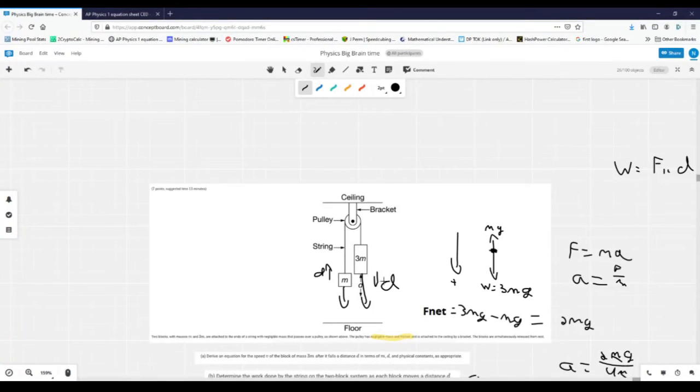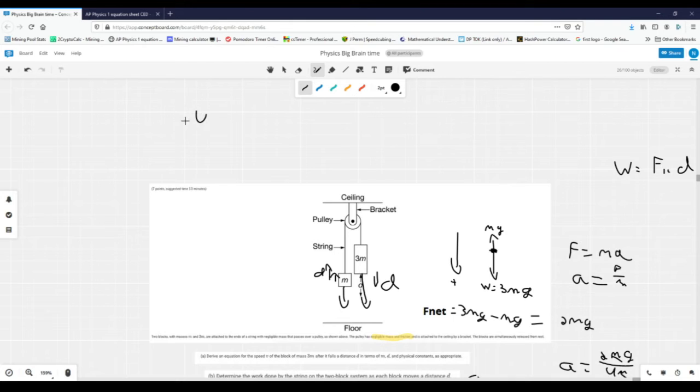So what you're looking at here is the fact that this block moves upward and this block moves downward, right? So is the 3m block gaining potential energy or losing potential energy? It is gaining kinetic. It's losing potential. Losing potential, right.